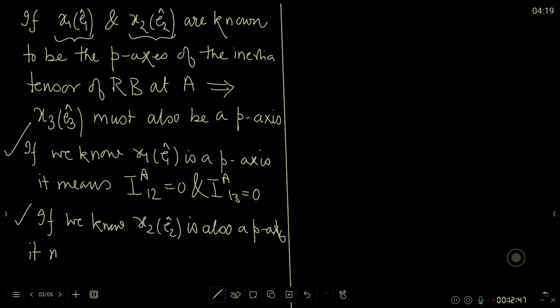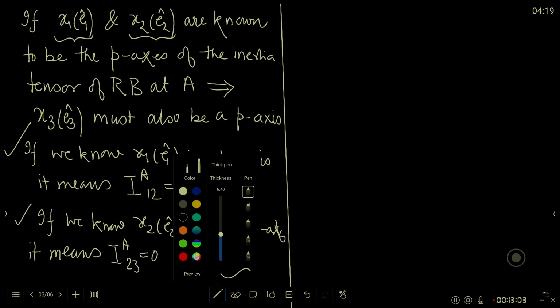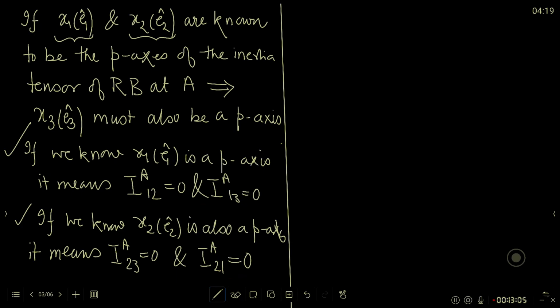It means IA23 is 0 and IA21 is 0. So I have four conditions. I know four components to be 0 of the inertia matrix: 1 2, 1 3, 2 3 and 2 1.